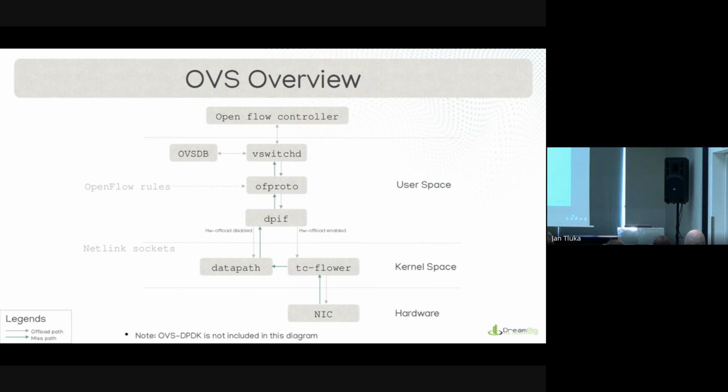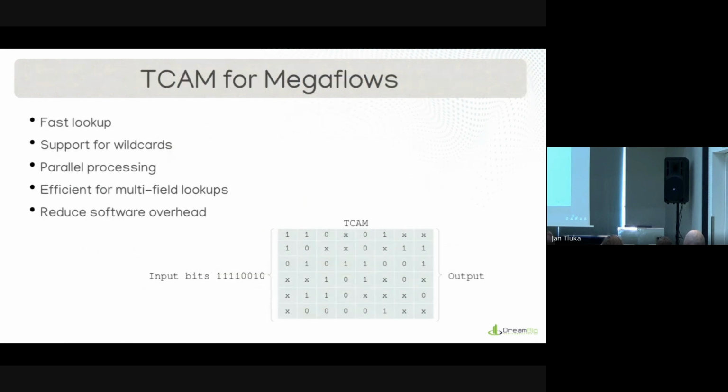As we know, OVS offloads megaflows only to the hardware. To support megaflows, let's explore how hardware can effectively support them. One possible solution is the use of TCAM, ternary content addressable memory. TCAMs offer extremely fast search capabilities, typically allowing for single clock cycle lookups.